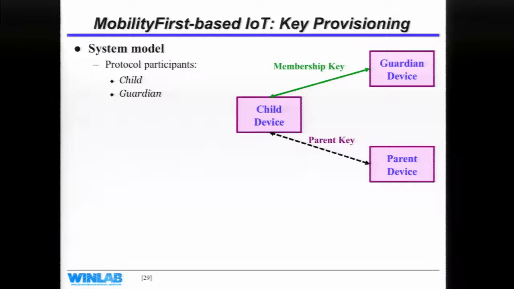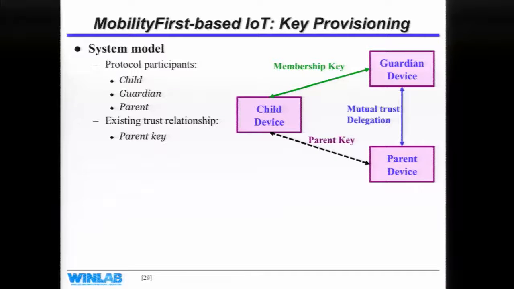Therefore, to guarantee the authenticity and the integrity of this child, we need to introduce a third party as a trust reference. That is the parent. The parent serves as a trust anchor, and it shares a pre-existing trust relationship with the child device in terms of a parent key.